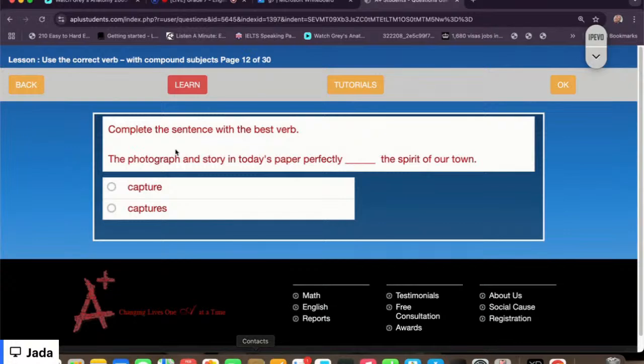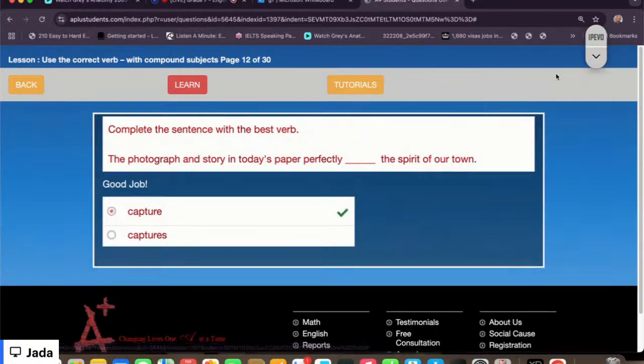So we have and. So remember that if it's and, it is plural. So we will have capture.